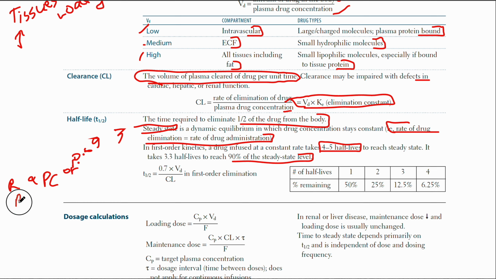So rate of elimination is constant in zero order kinetics, and it is directly proportional to plasma concentration in first order kinetics. You have to remember this, right? In one half-life, the percentage of remaining drug is 50%, in two half-lives 25%, three half-lives 12.5%, then 6.25%, and this goes on and on, right?